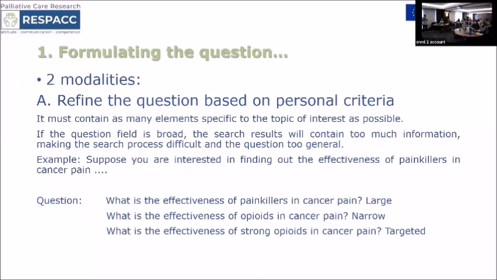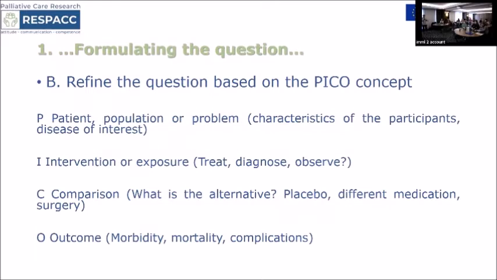And this is just thinking about what I'm searching and how I can make the topic more focused and more specific. Then there is another possibility, but this is more for questions or problems that are concerning drugs or cause-effect studies. And this is the so-called PICO concept.